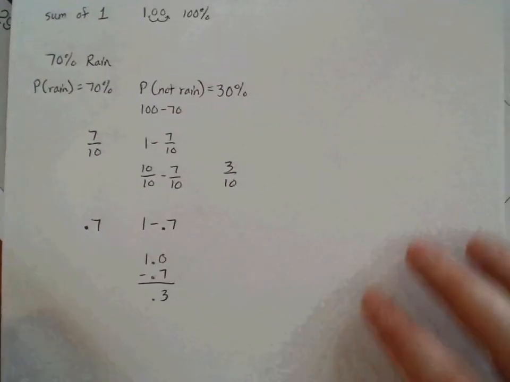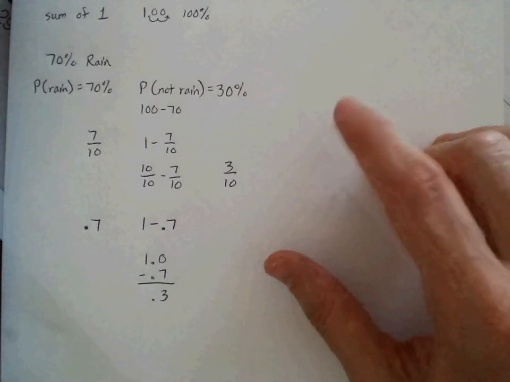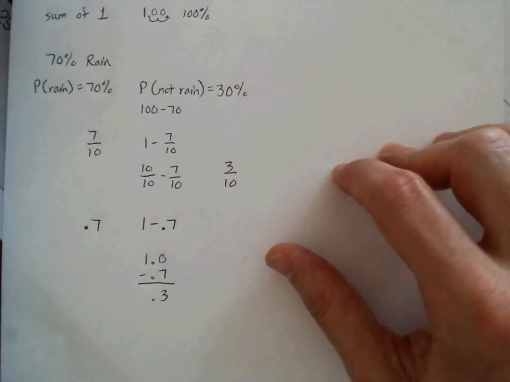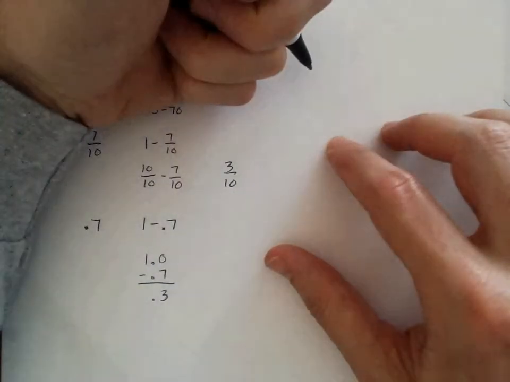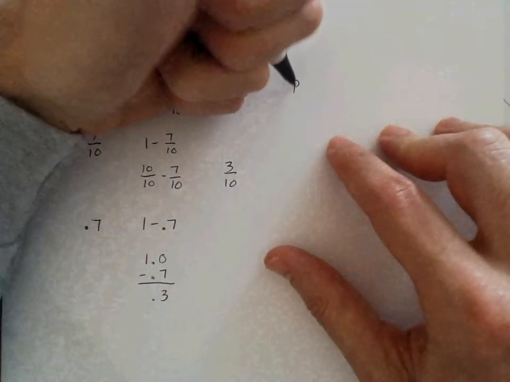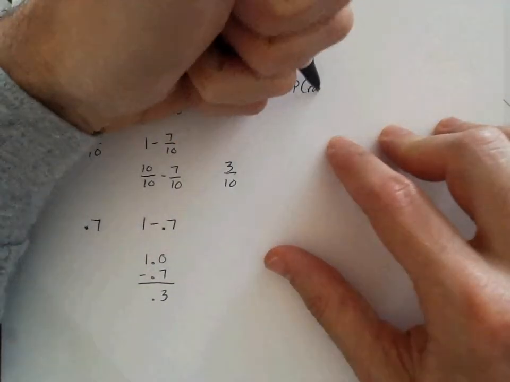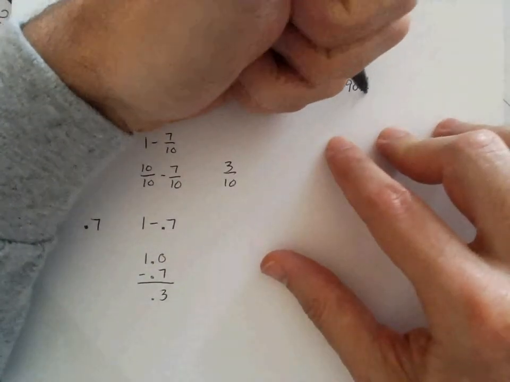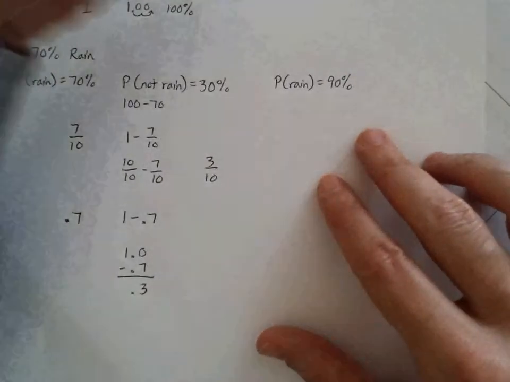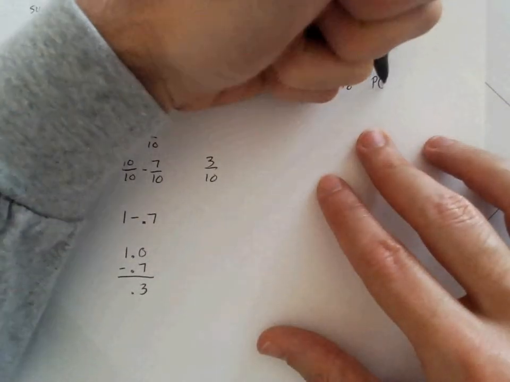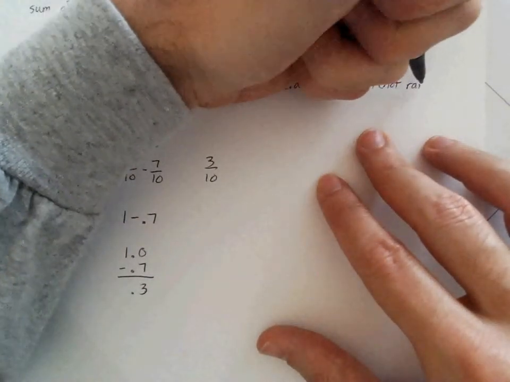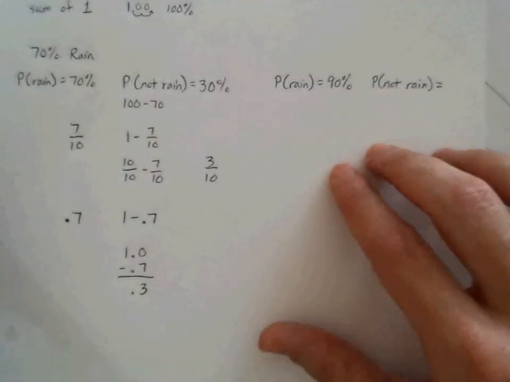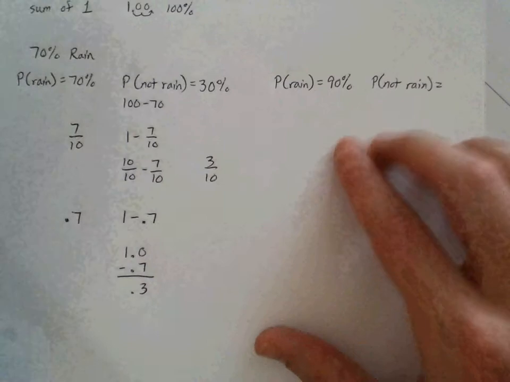Let's have you try a problem now. Let's change the percent. Let's do 90%. So the probability of rain is going to be 90%. I want you to tell me the probability that it will not rain, and let's do it in percent, fraction, and decimal form.